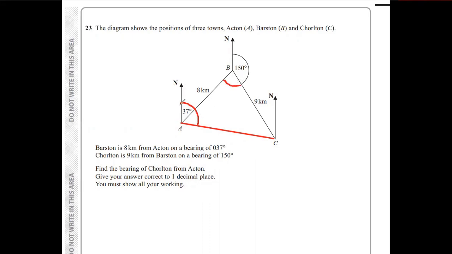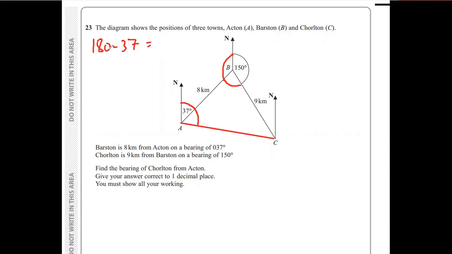First of all, this north line and this north line, they're parallel to each other, and 37 and the angle at B must be allied angles. How can we work out B? That must be 180 minus 37.